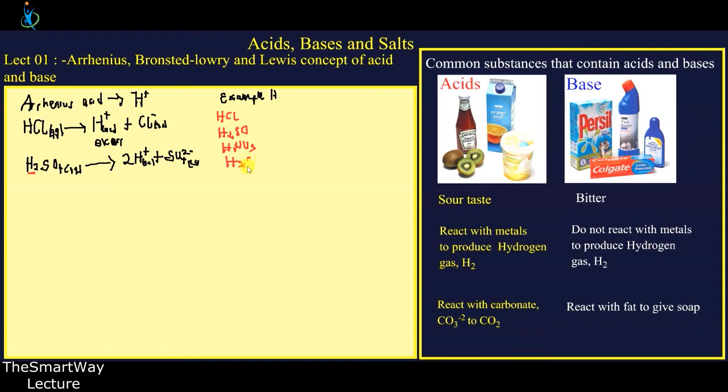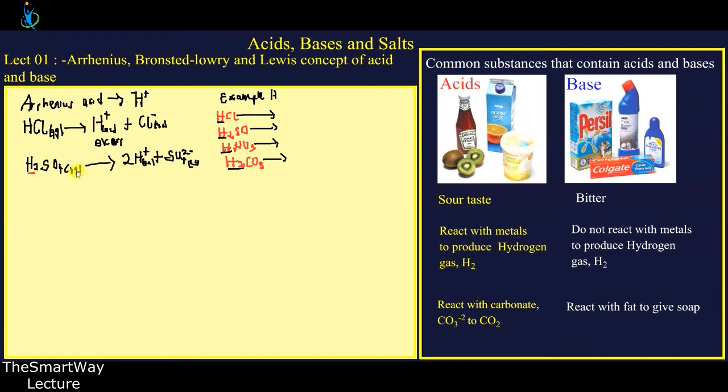These are all examples of Arrhenius acids, because they contain the H. These are the acids that, when dissolved in water, produce excess H+ ions in aqueous solution, or in the water. Very simple.